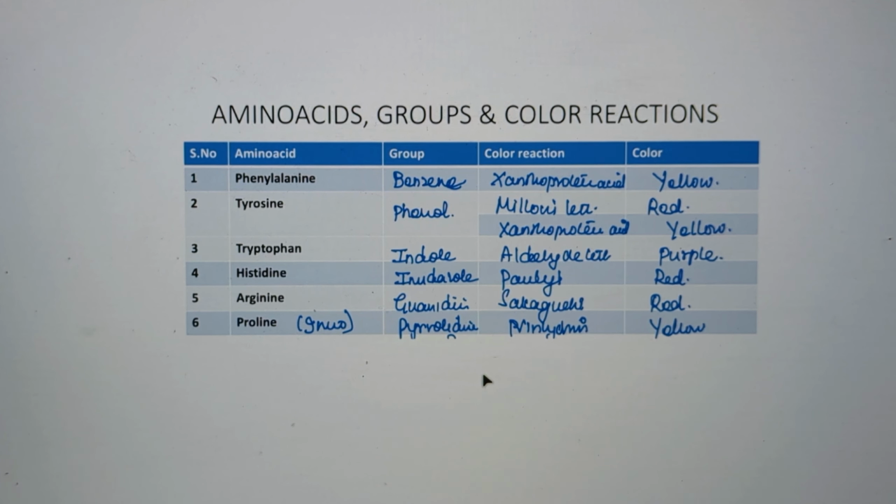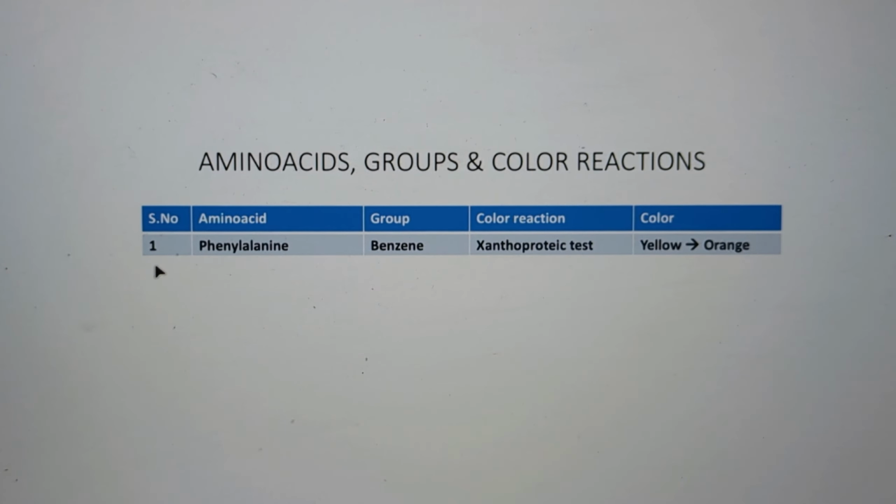Here is a tabular summary of some important amino acids along with their groups and associated color reactions. Phenylalanine group benzene ring. Color reaction xanthoproteic acid test.